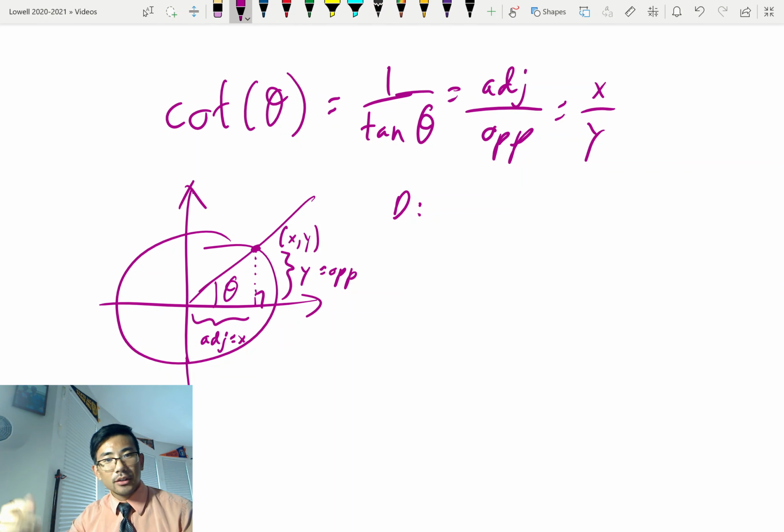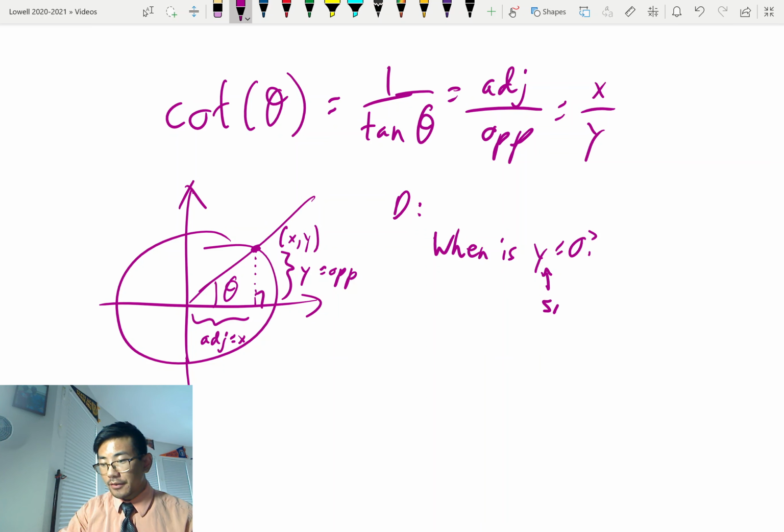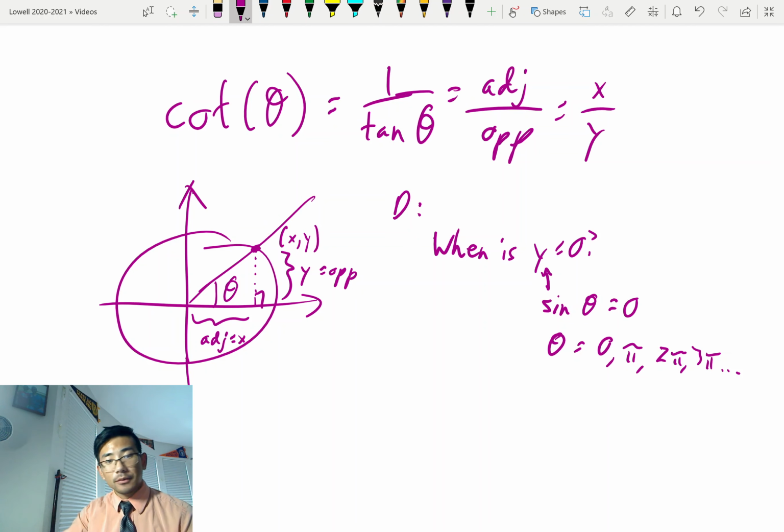For our domain, the question still ends up being, when is y equal to 0? Because that would involve us dividing by 0, and therefore those values would not be in the domain. Remember that y is equal to sine of theta, so we have already answered this question. We know that sine of theta is equal to 0 when theta is 0, pi, or any multiple thereof: 2 pi, 3 pi, and so on.